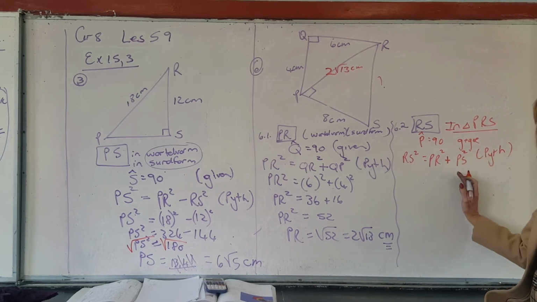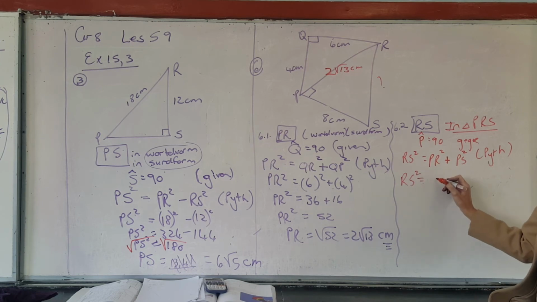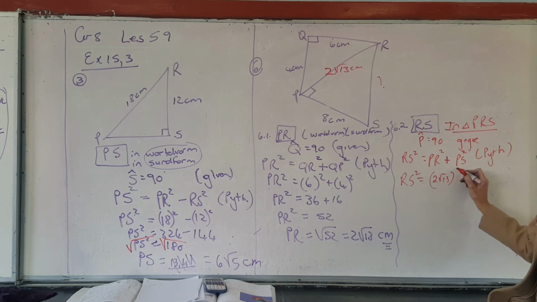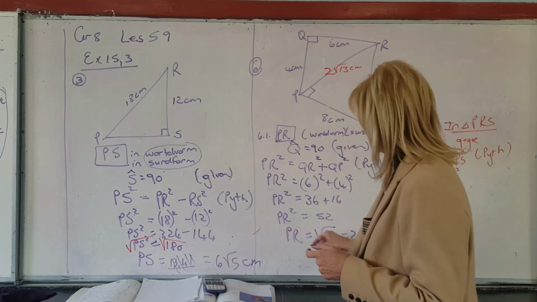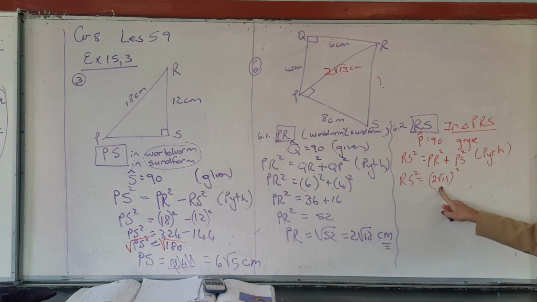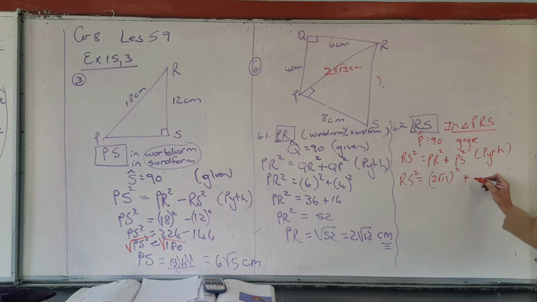Any order, doesn't matter. So met ander woorde, RS kwadraat, gee dan vir my PR, het ek mos nou net uitgewerk, is the 2 root 13 that I'm going to square. Of jy kan selfs teruggegaan het en gesê dit was wortel 52. I could have written root 52 or then 2 root 13 plus PS, which was 8.